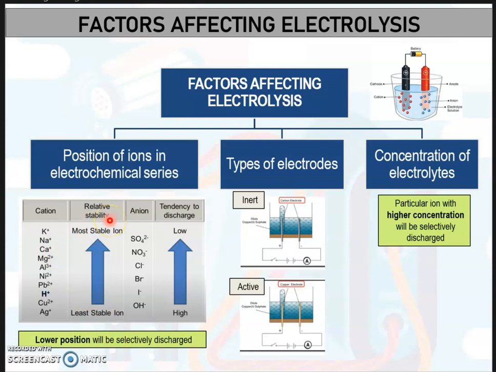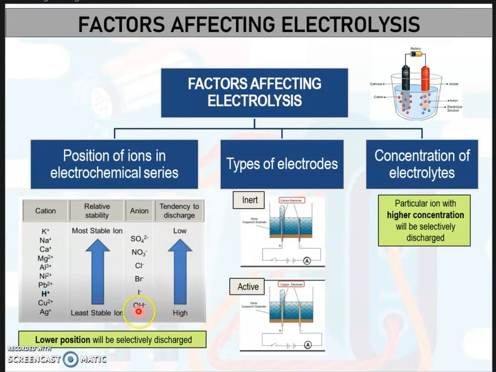This is the relative stability. The one at the top is more stable compared to the one at the bottom. And tendency to discharge. This is for cation, this is for anion. The tendency to discharge is lower for the one at the highest position compared to the one at the lower position.